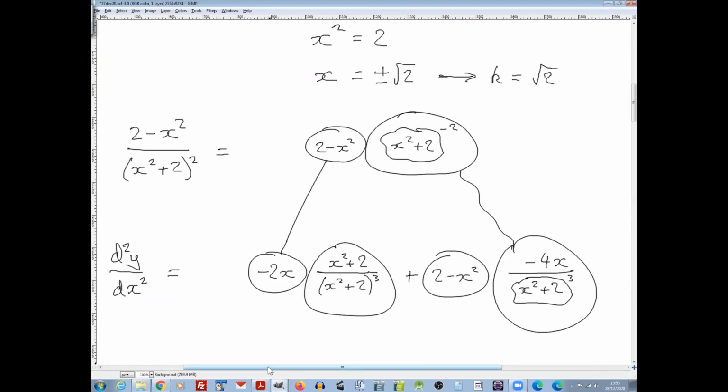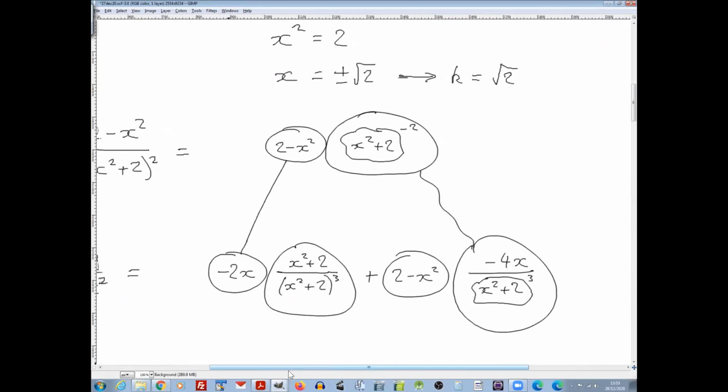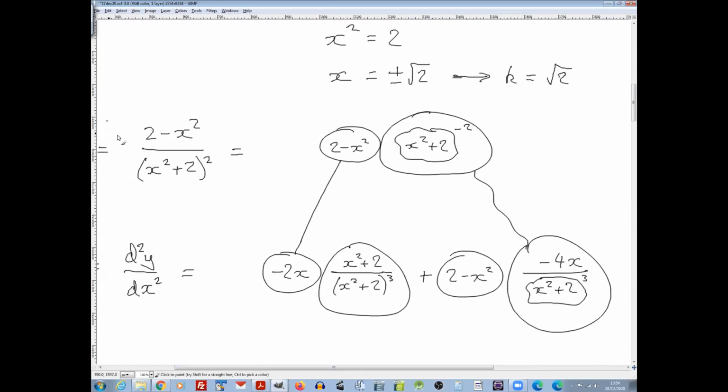But the quotient rule is doing exactly that. If you call that u over v, then what you've got here is u, and this is 1 over v.